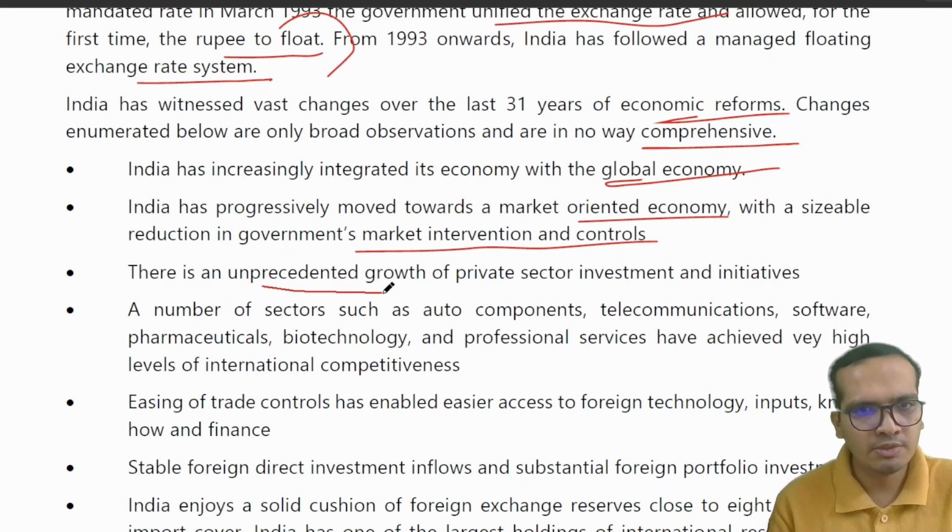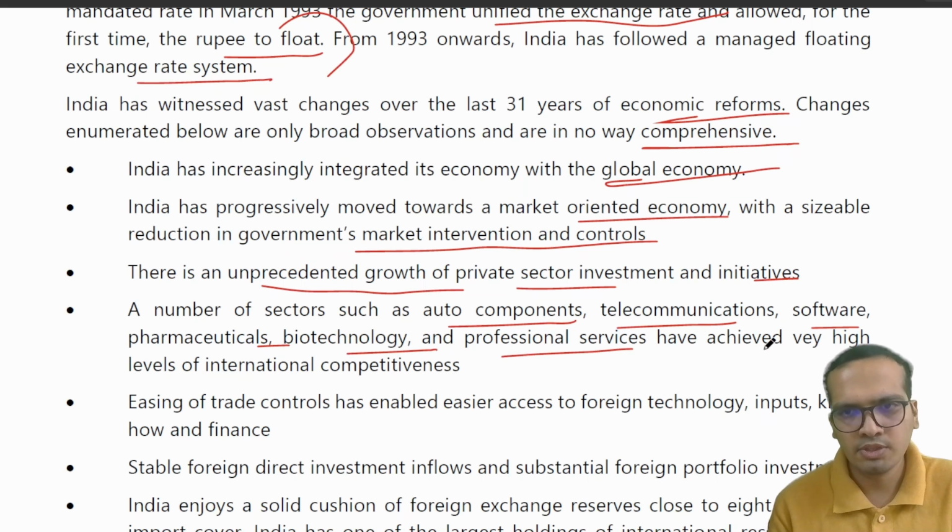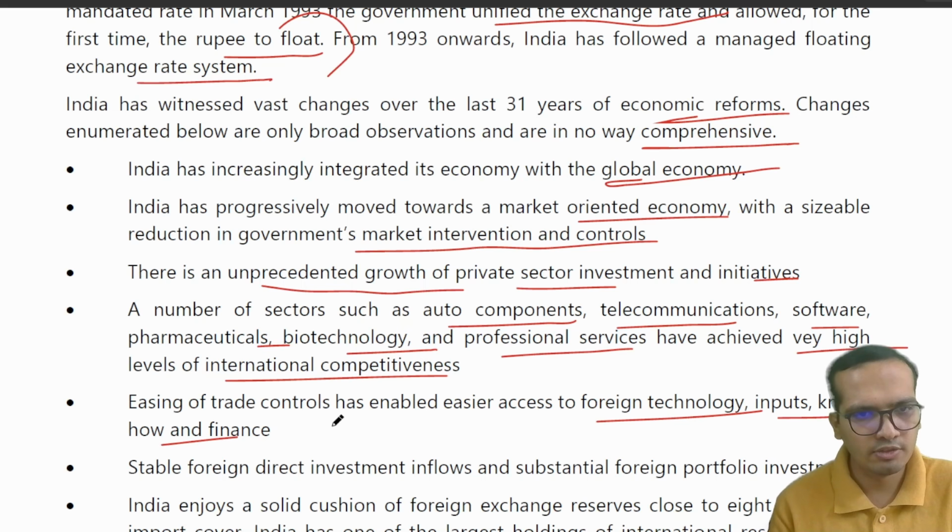There is an unprecedented growth of private sector investment initiatives. A number of sectors such as auto components, telecommunications, software, pharmaceuticals, biotechnology, and professional services have achieved a very high level of international competitiveness. Easing of trade controls has enabled easier access for foreign technologies, inputs, know-how, and finance.